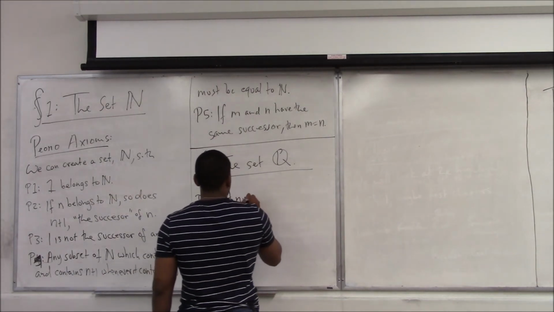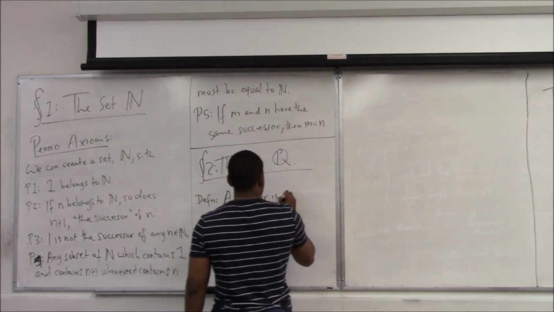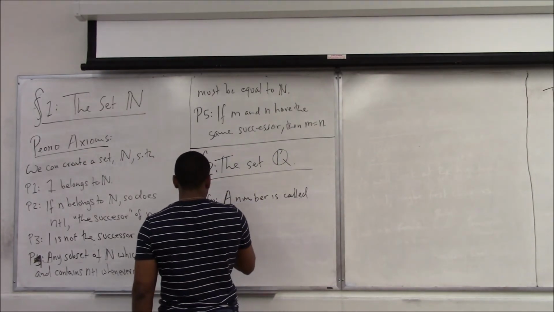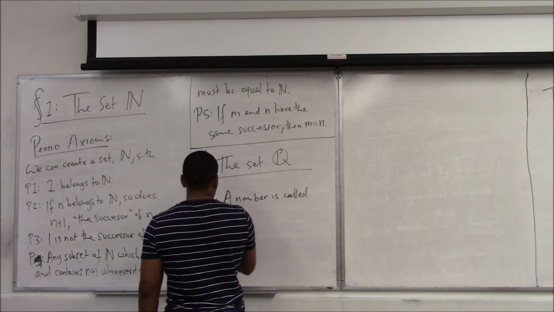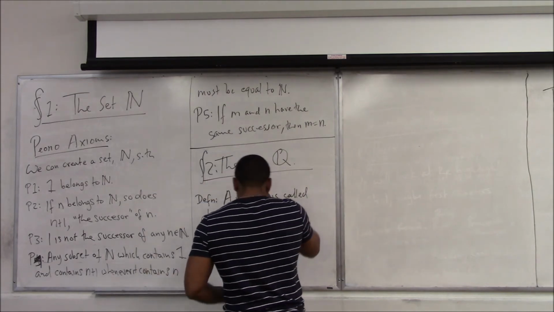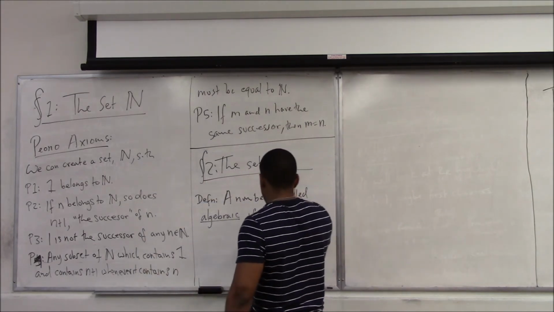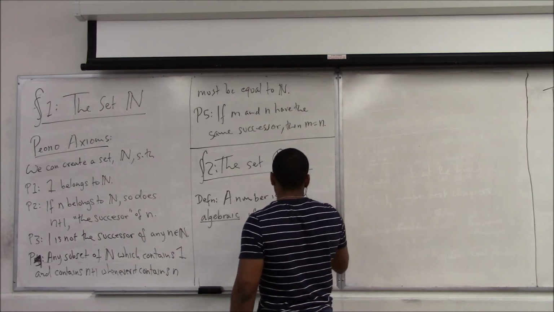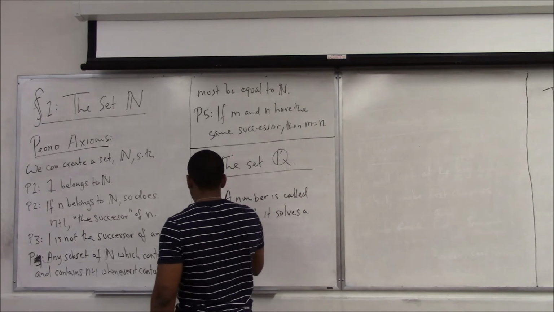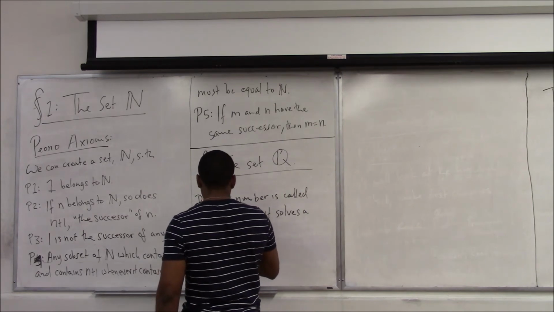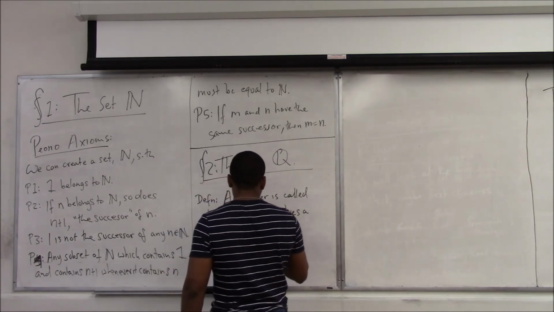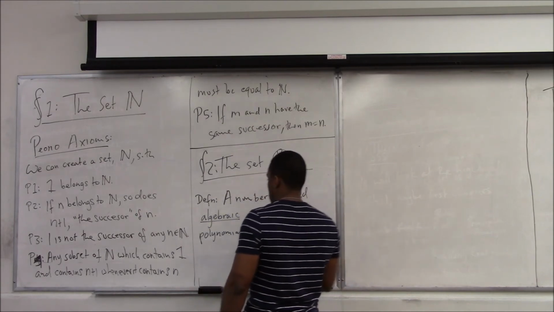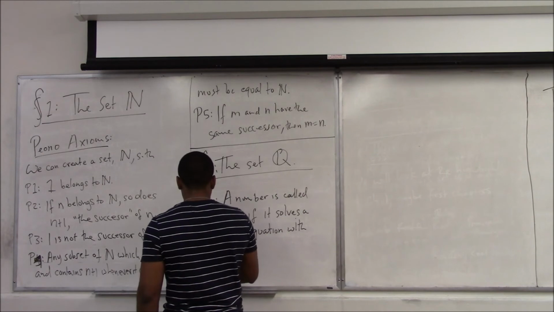So a number is called algebraic if it solves a polynomial equation with integer coefficients.